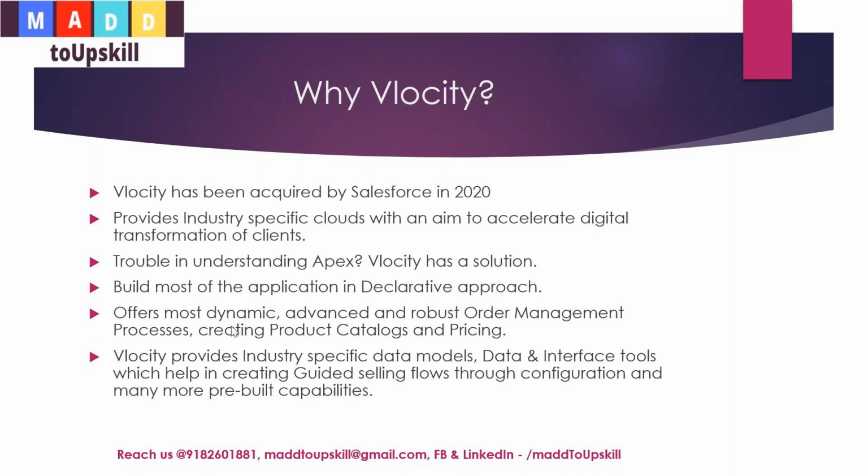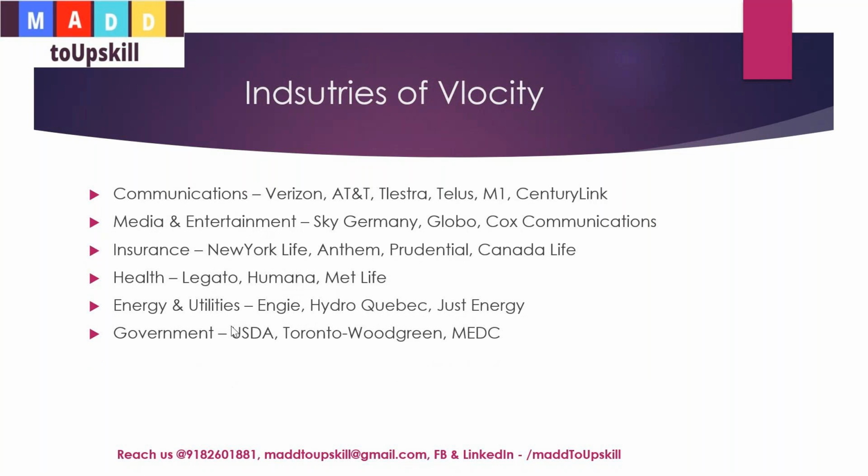And there are 6 industries currently in Velocity. These are various clients that are already using Velocity and have many success stories. Velocity is predominantly into communications, media, entertainment, insurance, health, energy and utilities, and government.